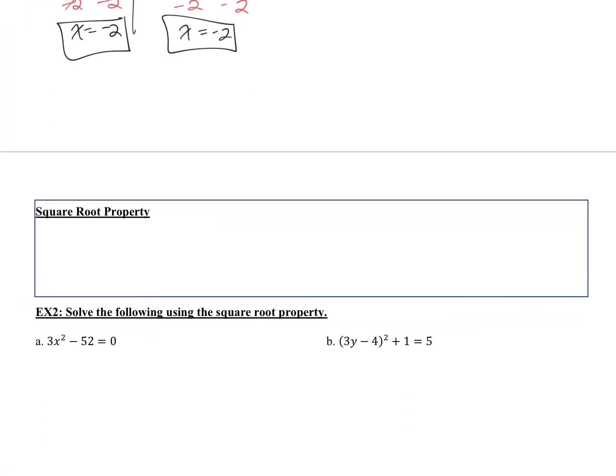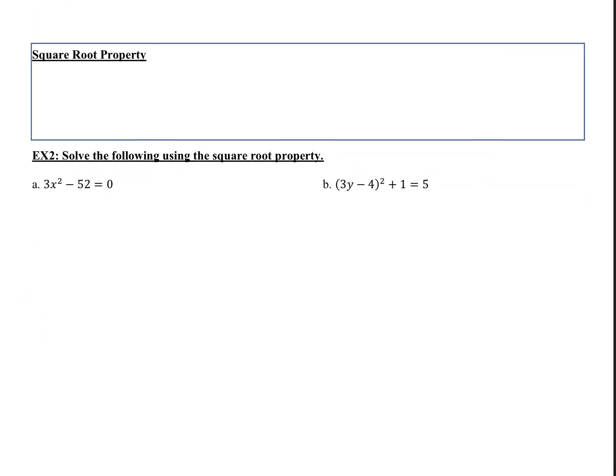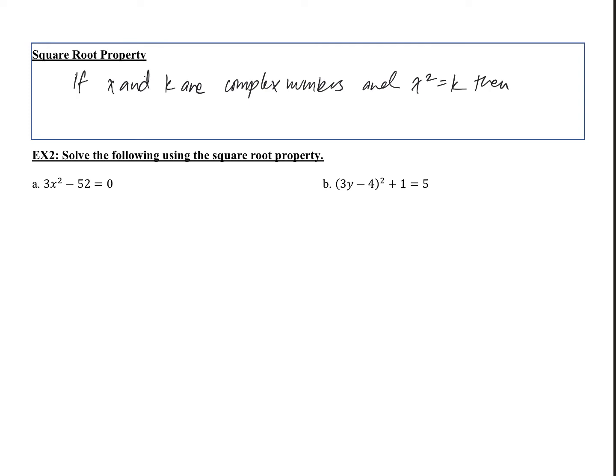But the main ones we're going to look at for this section are the square root property and completing the square. So the square root property. Once again, you can read through these a little more in detail in your book, but if x and k are complex numbers, and x squared equals k, then what can we do?